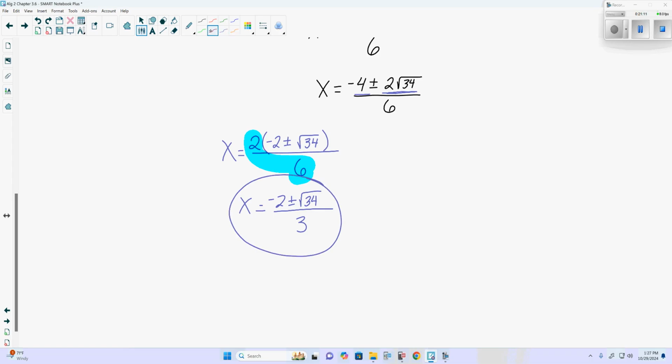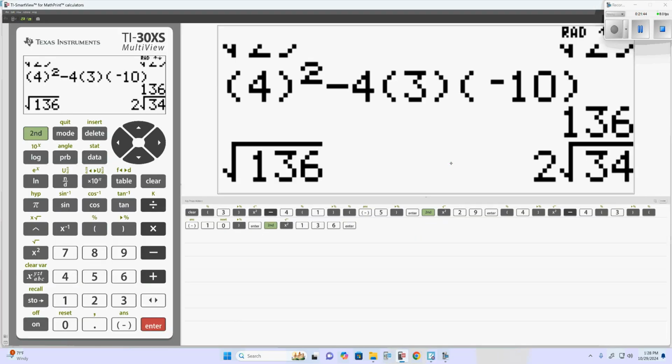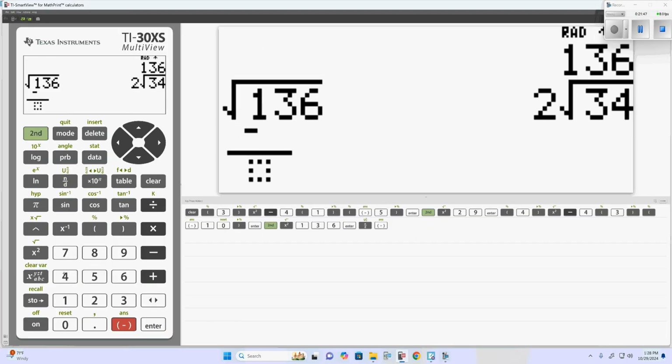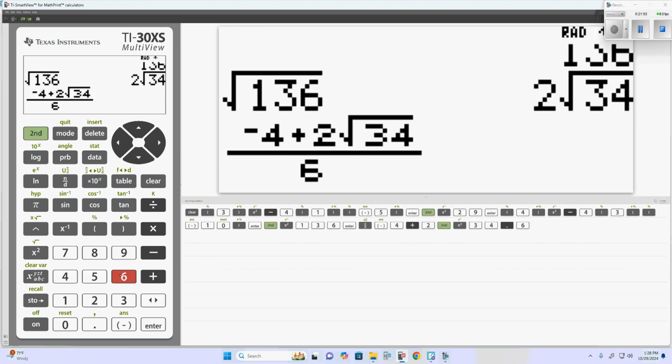The other way we can do this is to divide each of these terms by that 2. -4 divided by 2 is -2. The 2 divided by 2 is 1, leaving us with the square root of 34. And 6 divided by 2 is 3. Or the other alternative is we can pick the positive or negative case and see if this reduces: -4 plus 2 square root of 34 over 6.